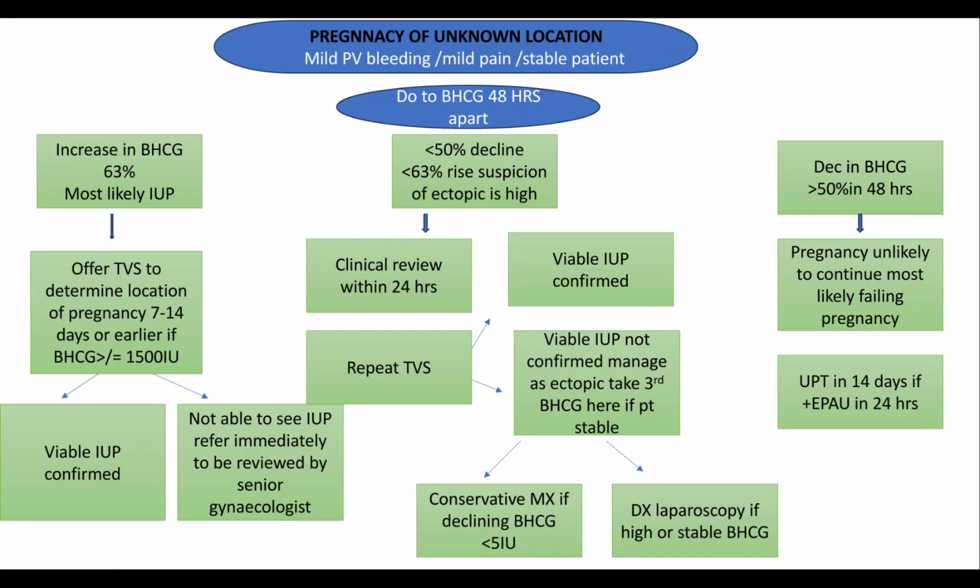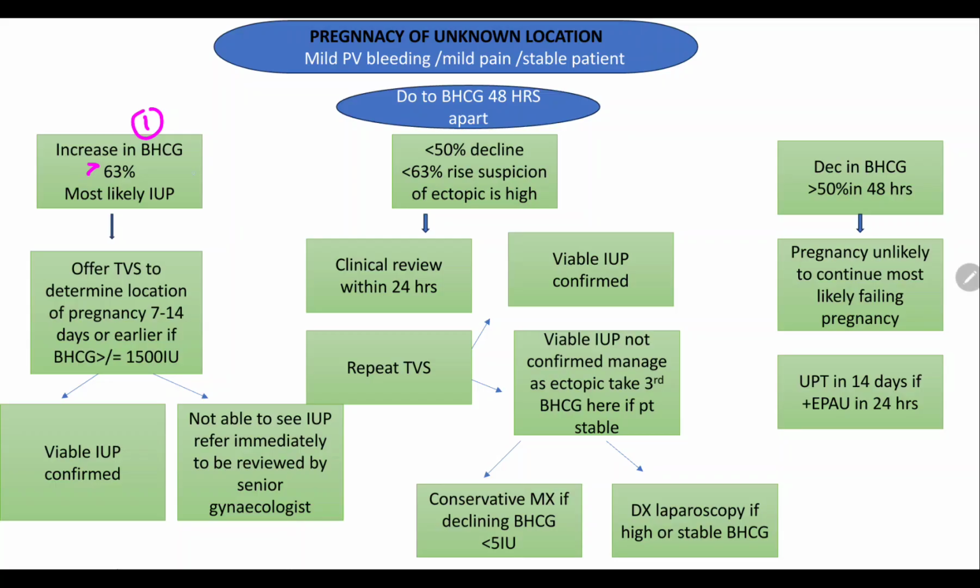So you will have three options. Either the beta HCG increases by more than 63%, or there is less than 50% decline or less than 63% rise, or a decline of more than 50%. I will come to all of them one by one.